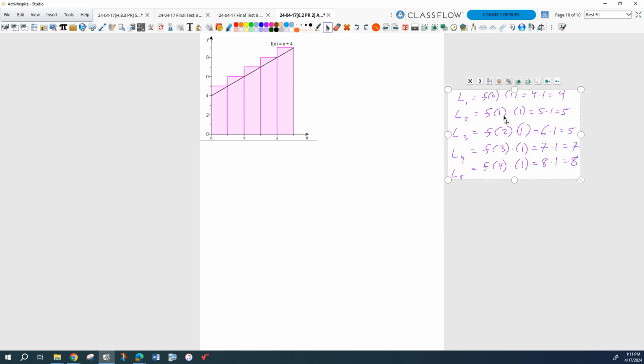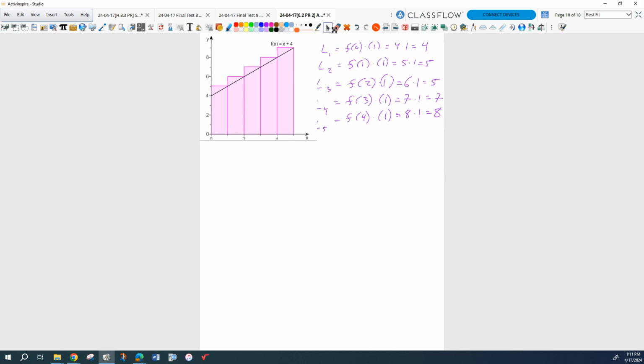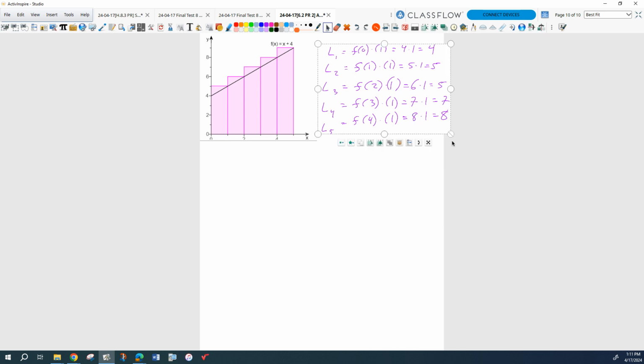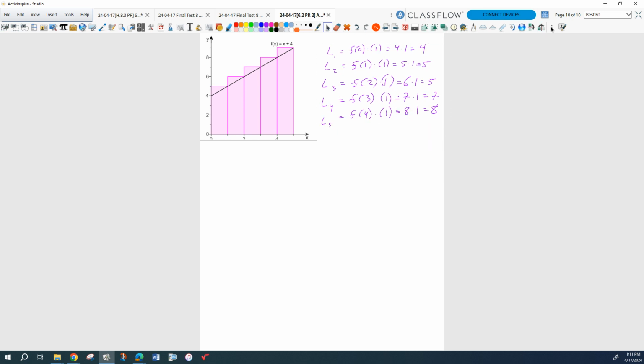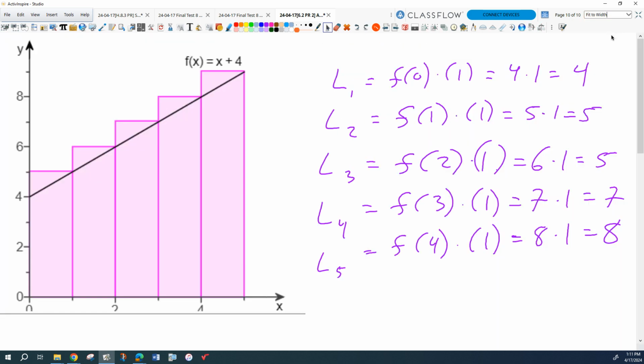What do I mean by that? If I'm calculating the right sum, what's the right edge of the first rectangle? 1. Exactly. So the height is going to be f of 1 and the width is 1. Aha, what do you know?